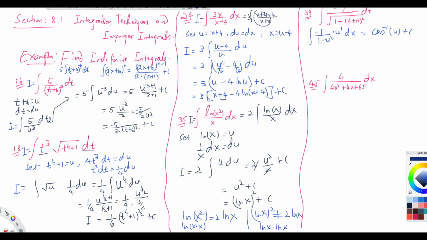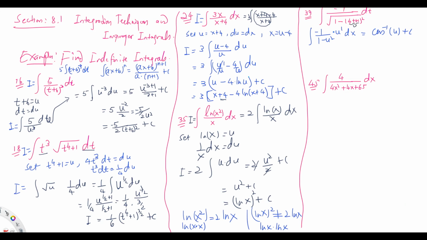That is the formula. Now, isn't this like -1 over root of 1 minus u squared, with u being 4t plus 1, but what is not given there is u prime. What is the u prime? If you set that as u, the u prime will be 4, right? So we need 4 here, not just 1.